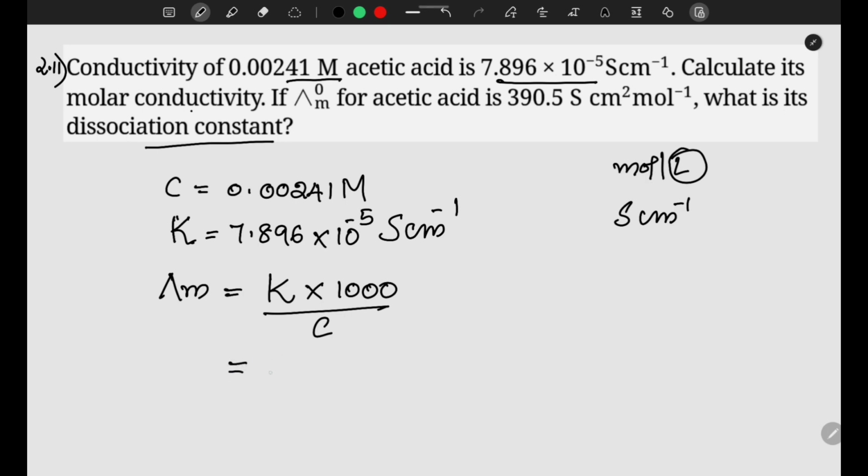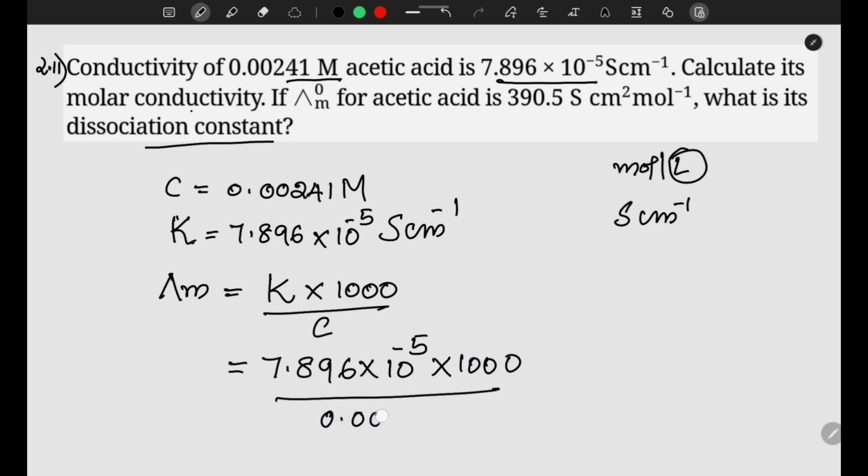So 7.896 into 10 raised to minus 5 into 1000 by 0.00241. When we simplify, we will get 32.76 Siemens centimeter square mole raised to minus 1.